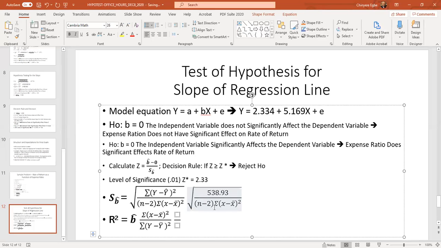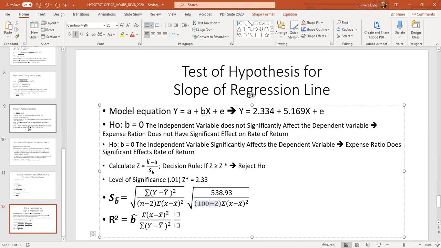N minus 2. For this particular problem, N was 100. So N minus 2 will be 100 minus 2, which is 98.